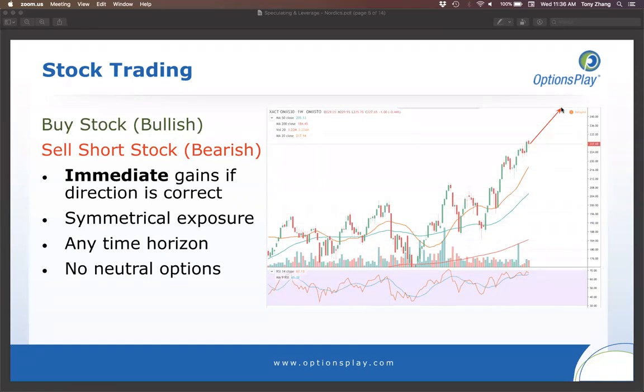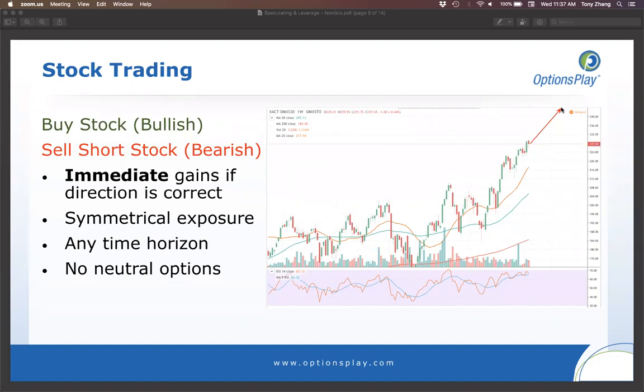And we have what's called symmetrical exposure, meaning if it goes up by 2 crowns, you make 2 crowns a share. If it goes down by 2 crowns, you lose 2 crowns a share. Very easy to calculate P&L and understand what your exposure is when you're buying or shorting a stock. You can trade this on any time horizon, meaning once you buy the stock, you can hold on to it for a second, a minute, a year, a decade, however long you would like.